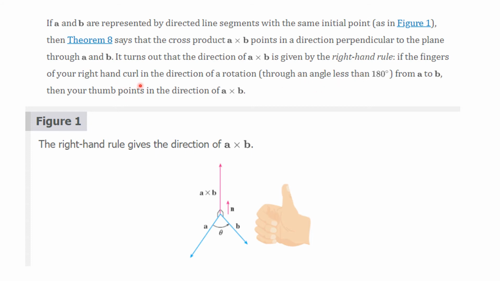So if the fingers of your right hand curl in the direction of a rotation through an angle of less than 180 degrees, or pi in radians, from A to B, then your thumb points in the direction of A cross B. So here you would be pointing directly up from A cross B, the right-hand rule.